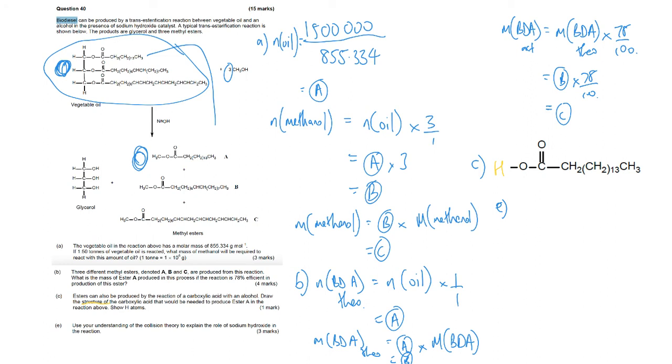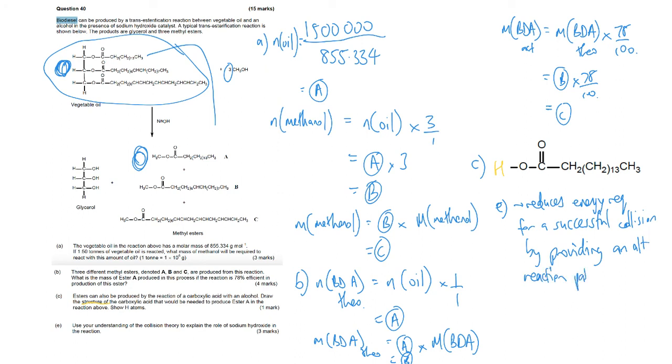So a catalyst reduces the energy required for a successful collision by providing an alternative reaction pathway with lower activation energy.